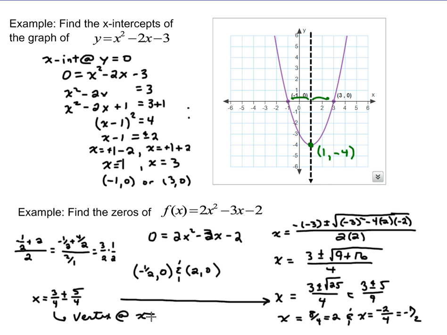Pretty cool, right? That is a great way of finding a vertex, is by using your formula, right? That's negative b over 2a right there. And not only that, our axis of symmetry is that line, x equals 3/4.